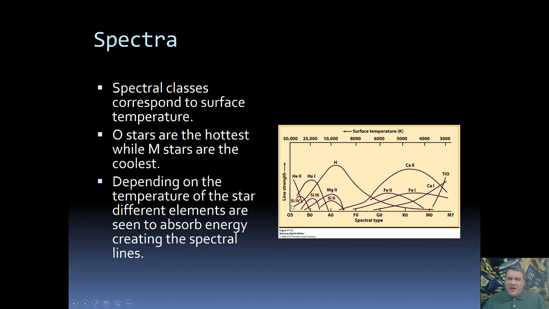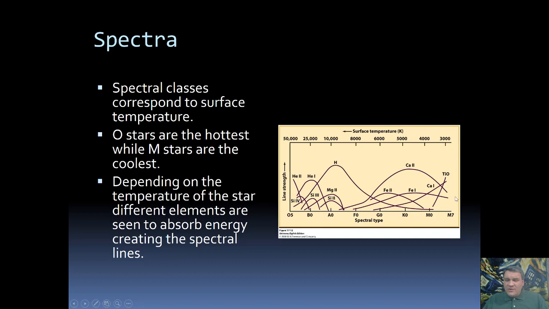Our O-type stars are so very hot that hydrogen can't absorb any light. The hydrogen atoms are too hot. As we cool off over to an A-type star, these have the right temperature to have the maximum hydrogen absorption lines. As we continue to cool off, the hydrogen drops down, and other elements begin picking up, like iron and calcium.